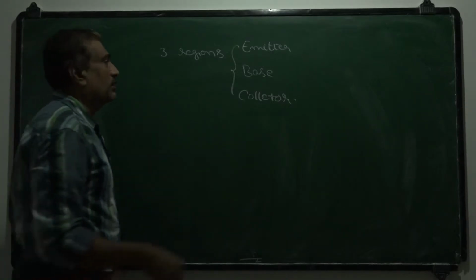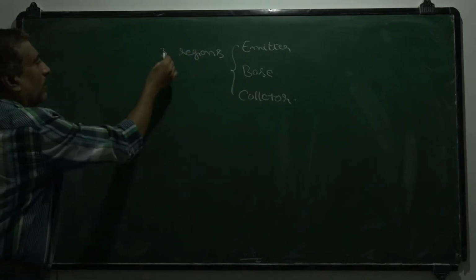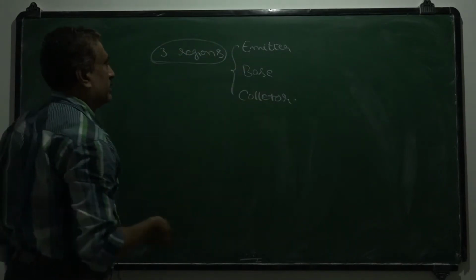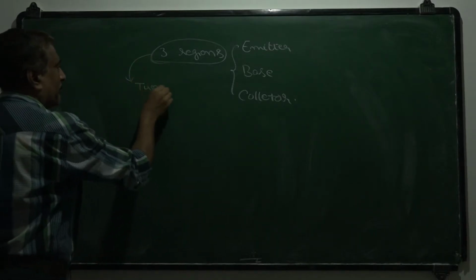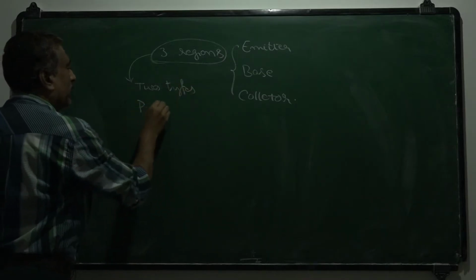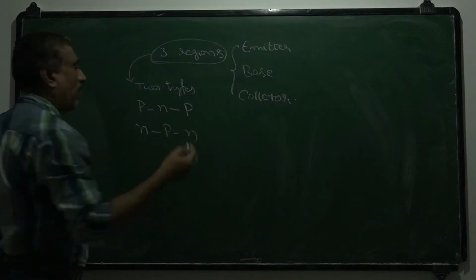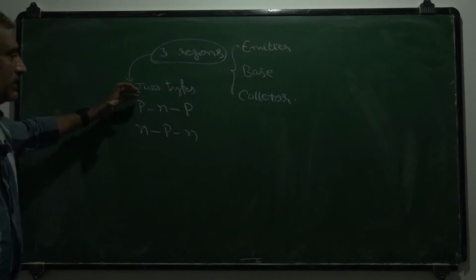With these three regions we have to get two p-n junctions. So there are two types of transistors: PNP and NPN.